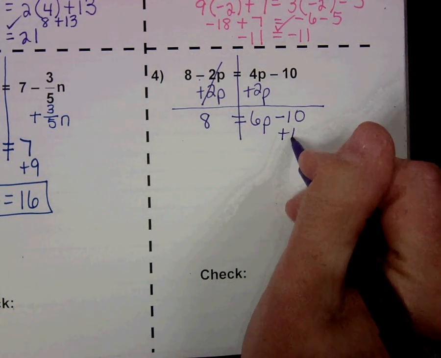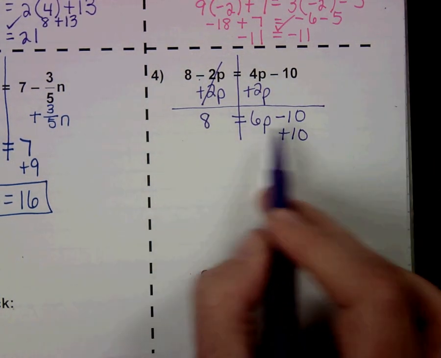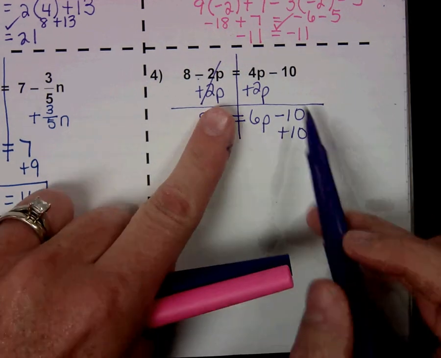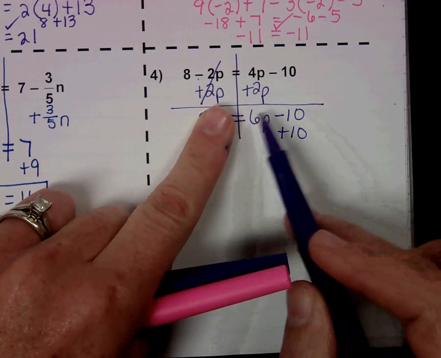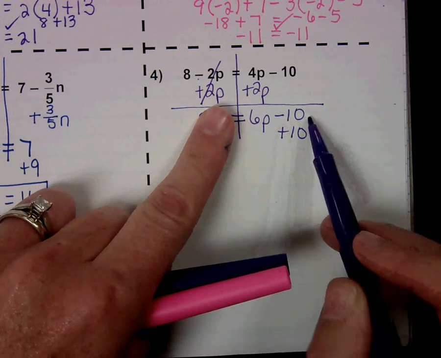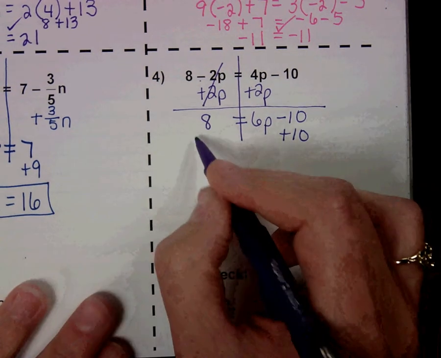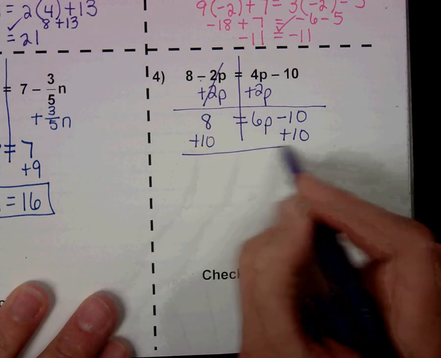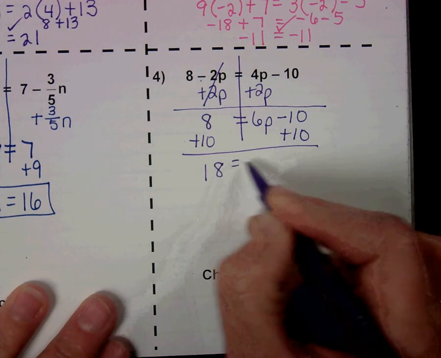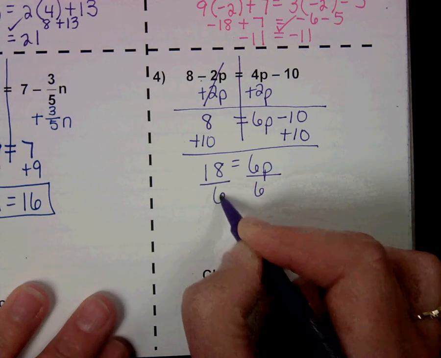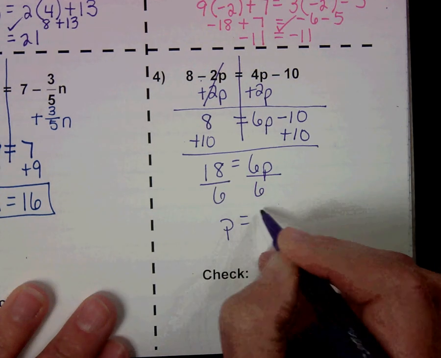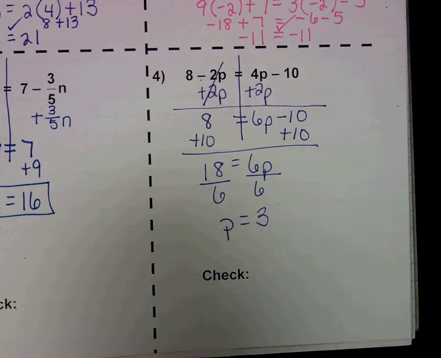Then I would add 10. Remember, once we get our variables on the same side, we want to concentrate on the side with the variable and concentrate on moving and getting rid of the numbers there. So add 10. That gives me 18 equals 6p. And then our last step is to divide by 6. And so p equals 3.